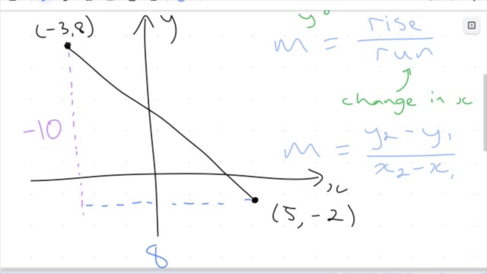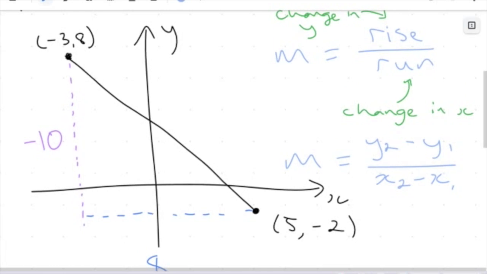So let's actually look at what this minusing actually entails. What this minusing is telling us is just the difference between this y and this y, or the other way around.